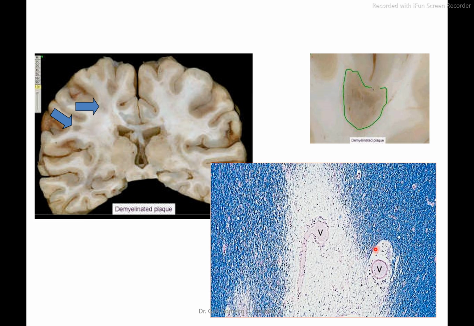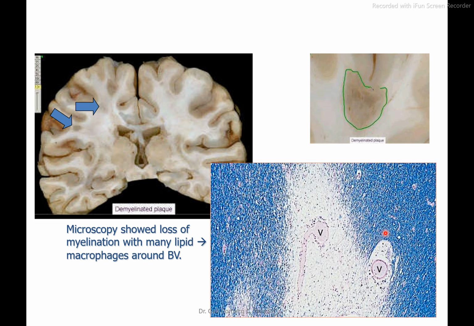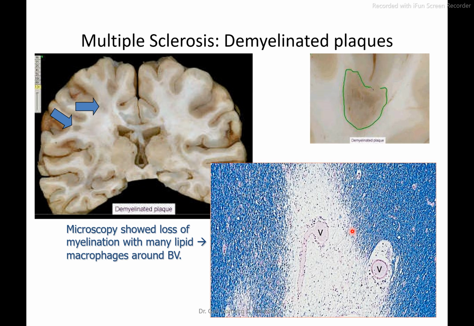The demyelinated areas show loss of myelin, with many lipid-laden macrophages around the blood vessels. So this is the microscopic and gross findings in patients with multiple sclerosis.